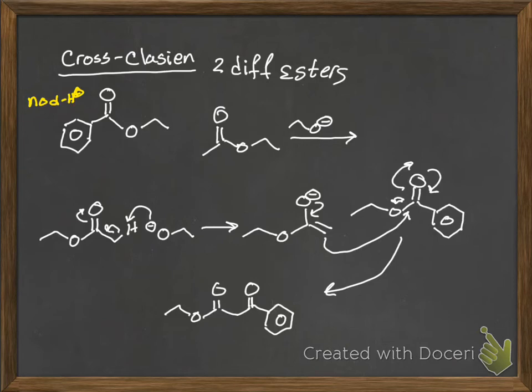This is the only time a crossed Claisen actually works, is when one of the esters has alpha protons and the other one does not. Otherwise, if you did methyl acetate and ethyl acetate, you get a big mess of products. Now, this proton, again, is fairly acidic and can be pulled off by the ethoxide you just used.